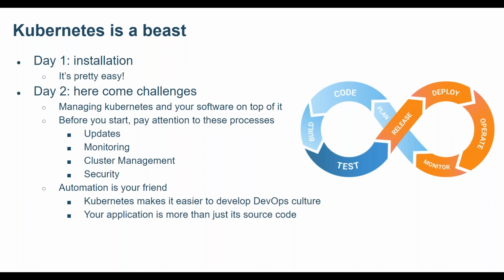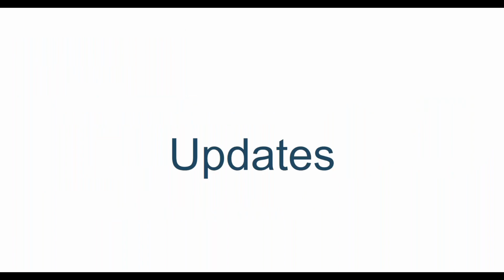And this also means what I already mentioned, that your application is now more than just its source code. So your developers and DevOps teams also need to think about deploying and running the application, and not just building the application and handing it over somewhere. So with that in mind, let's move to the first process I would like to address, which is updates.